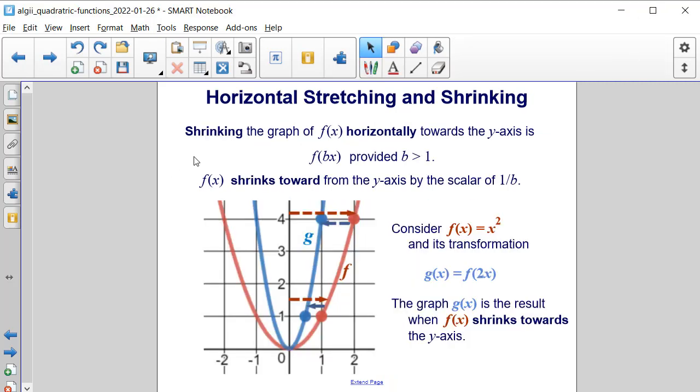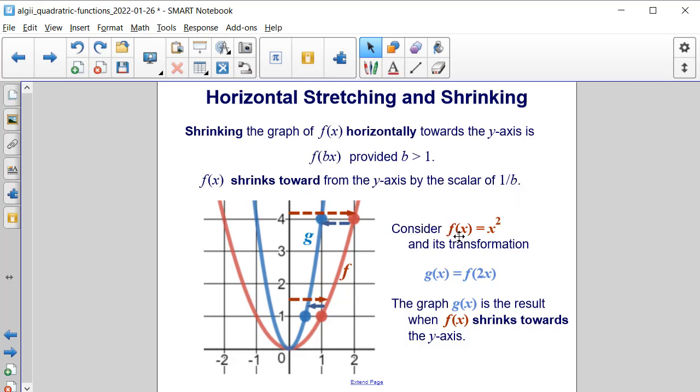Shrinking the graph of f of x horizontally towards the y-axis is given by f of b times x in parentheses, provided that b is greater than 1. F of x shrinks toward the y-axis by a scalar of 1 divided by b.